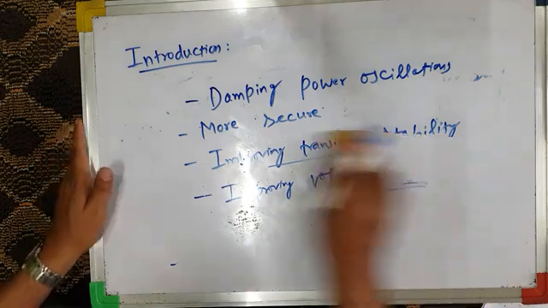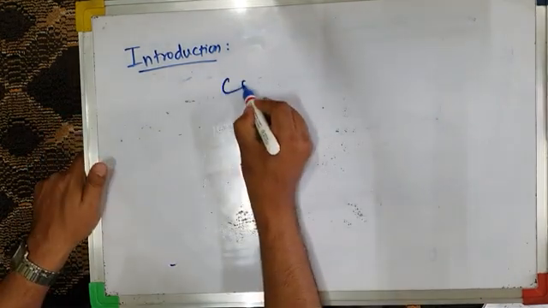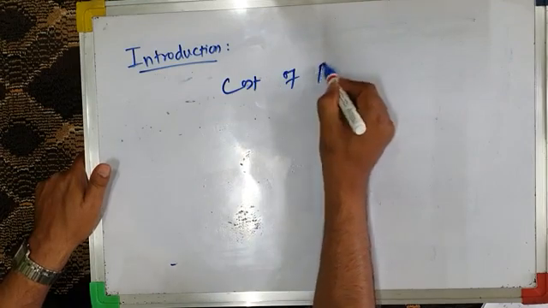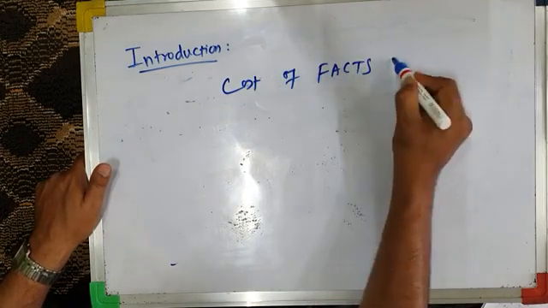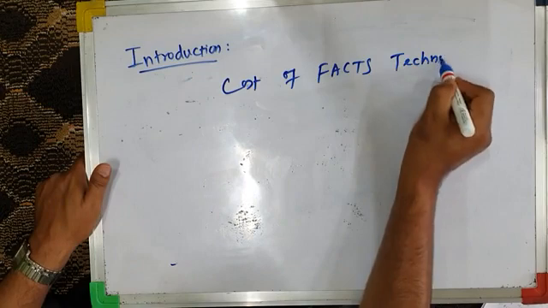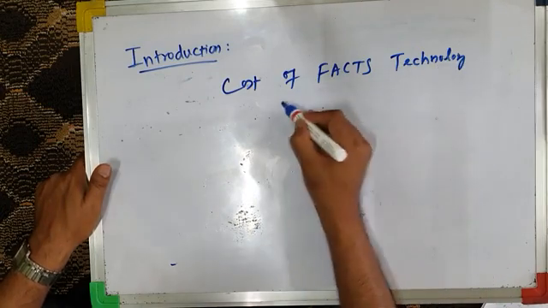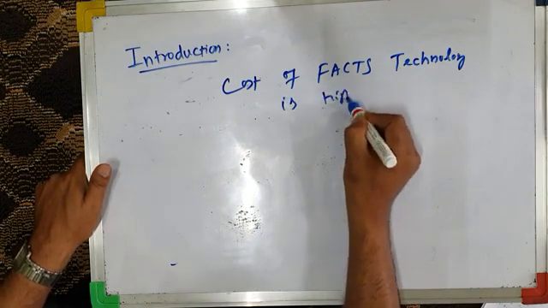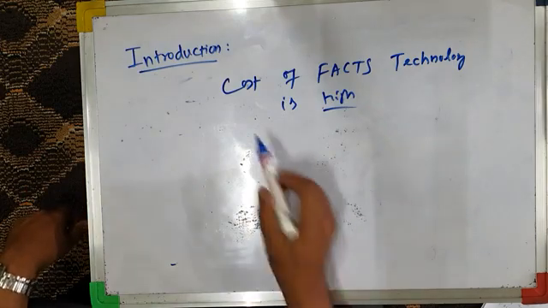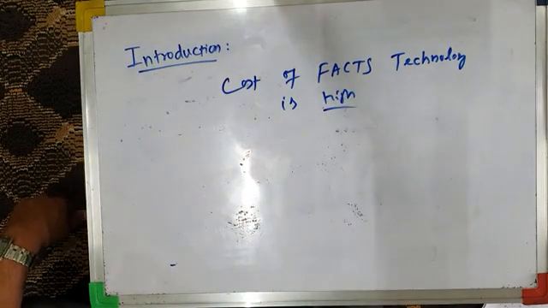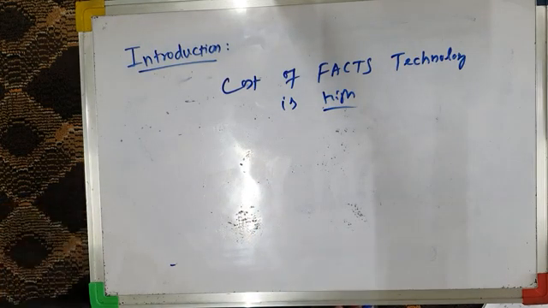Now the only problem with FACTS technology, FACTS devices, is cost. Presently, the cost of FACTS devices or FACTS technology is very high. That's the only impediment or roadblock, especially for poor countries. But as power semiconductor devices improve in future, and as the use of FACTS devices advances, it becomes more and more widespread.